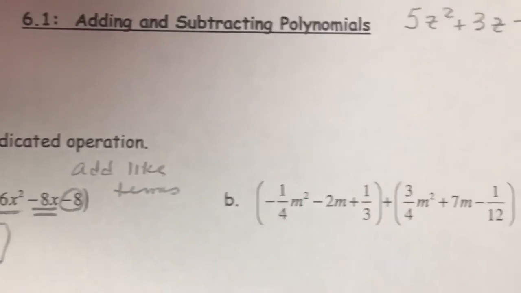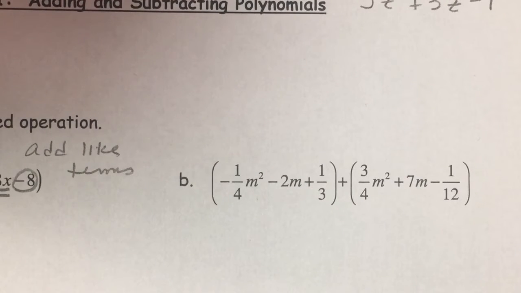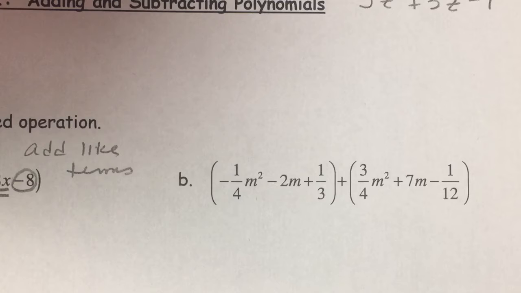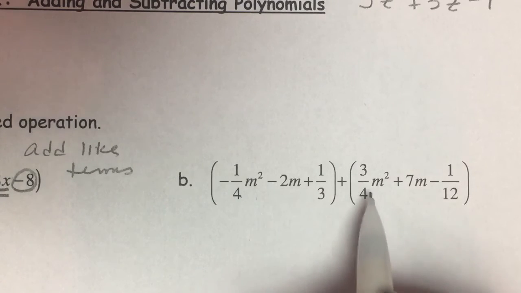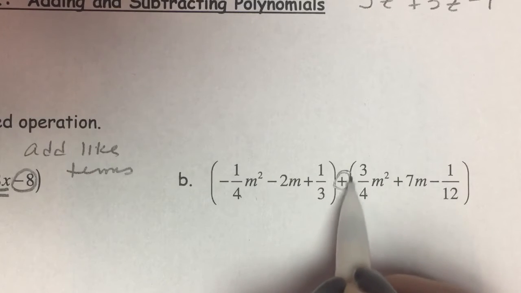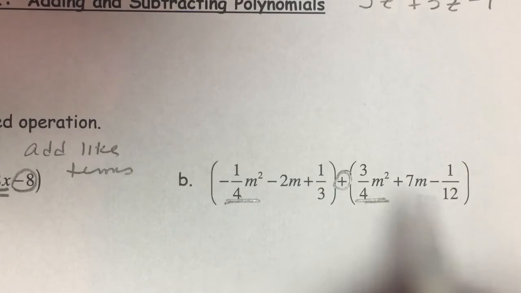Let's go over here to B. Of course, since we just did a whole chapter on fractions, we're going to have to throw some fractions in here for you. So first of all, I am again just adding like terms because it's an addition problem. I'm going to combine these two terms because they have the same variable part.